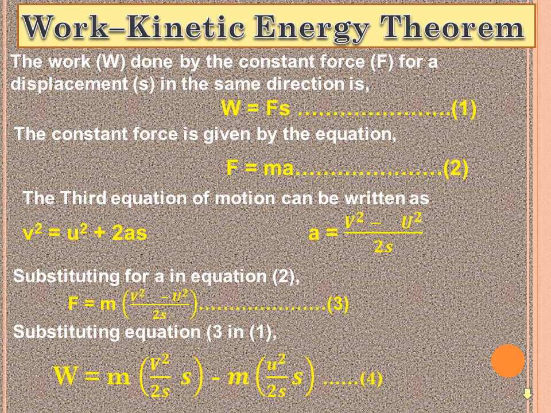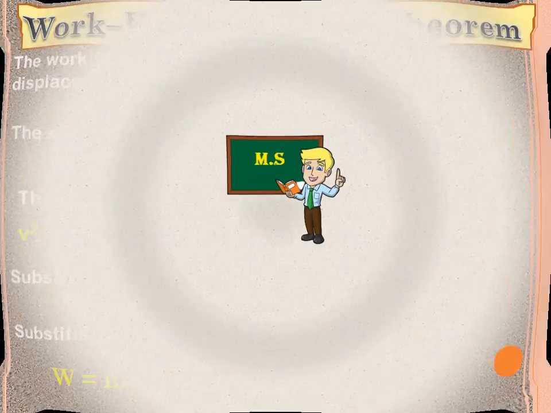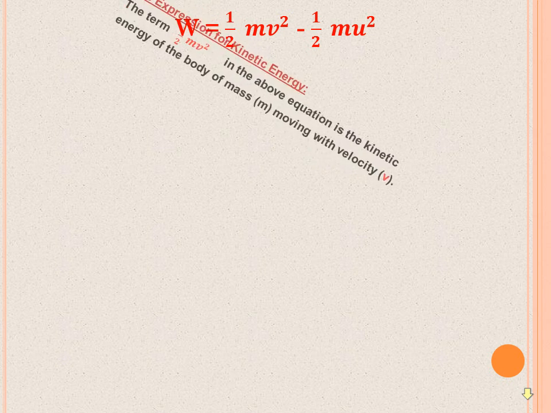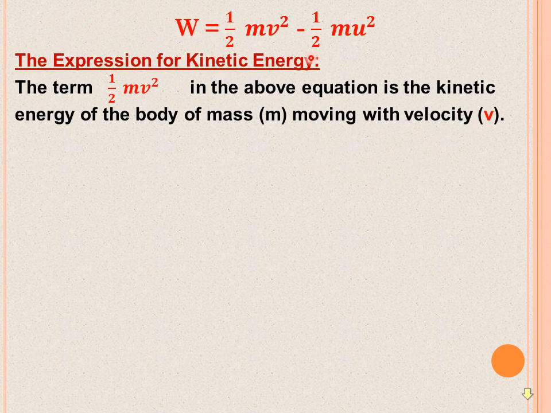Let us have this as equation number 4. So finally, W is equal to 1 by 2 m v square minus 1 by 2 m u square.